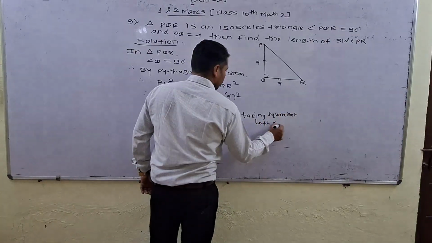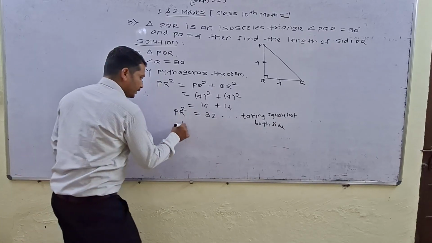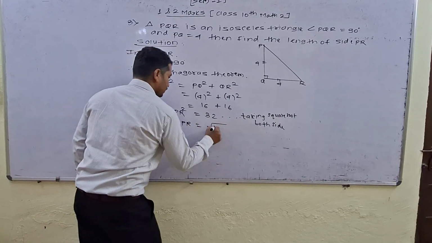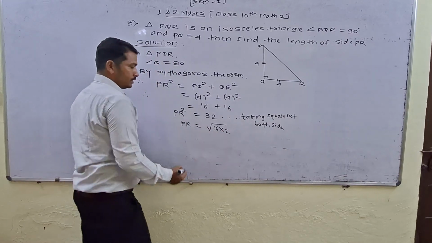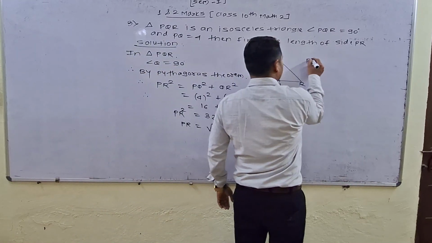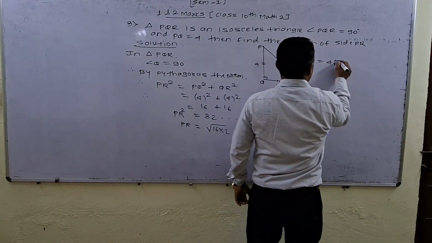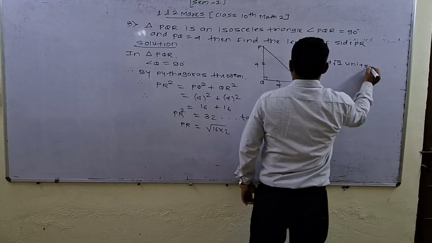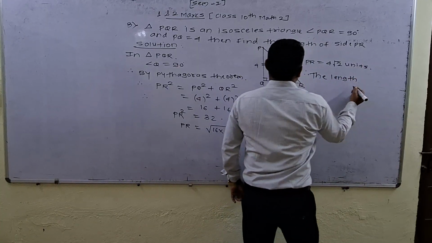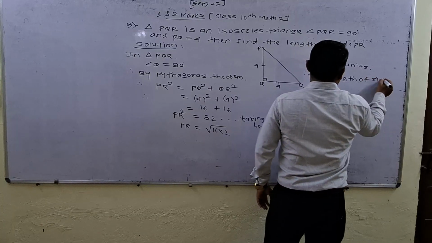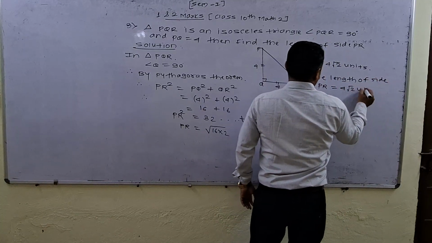But 32 is not a perfect square, so PR is equal to the square root of 16 multiplied by 2. 16 is taken out as a root, so PR is equal to 4 root 2 units. The length of side PR is 4 root 2 units.